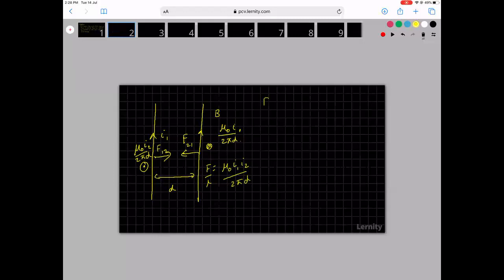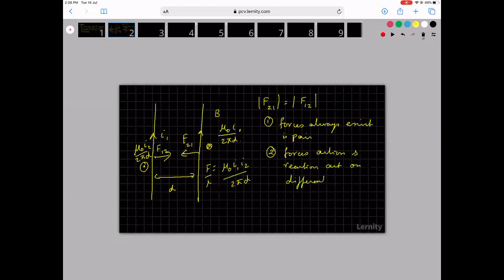So you see that mod F21 is equal to mod F12, meaning that forces always exist in pairs, that is action and reaction, and they act on different bodies. All these things we did yesterday.